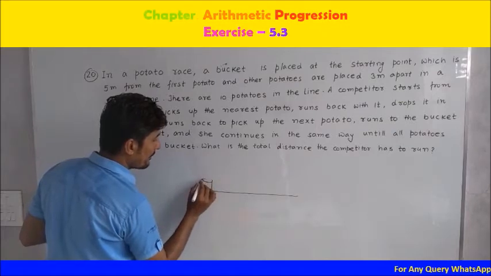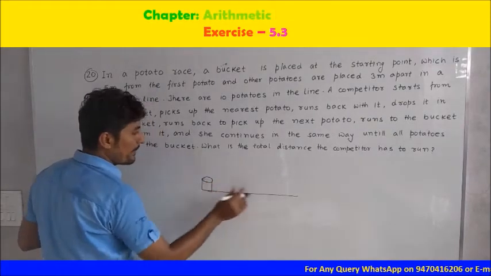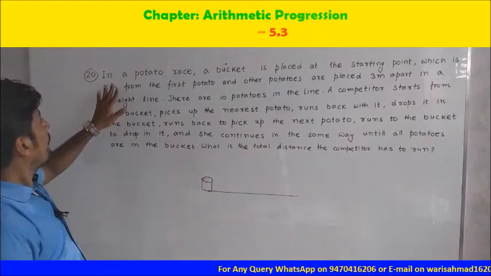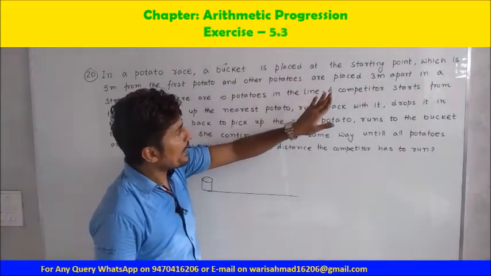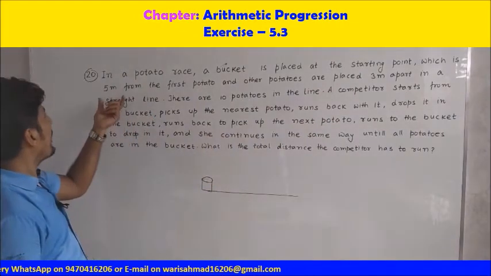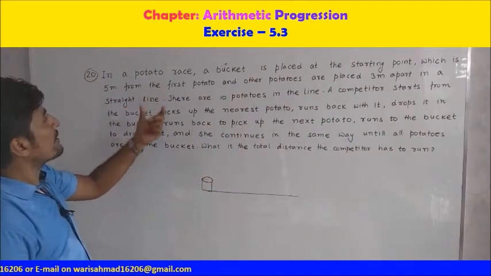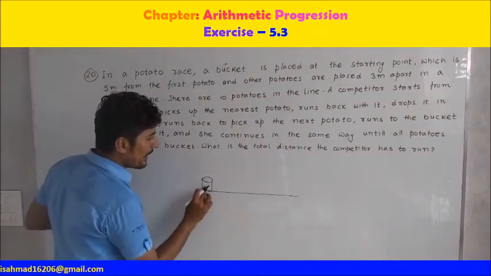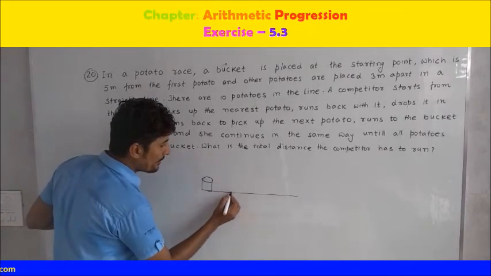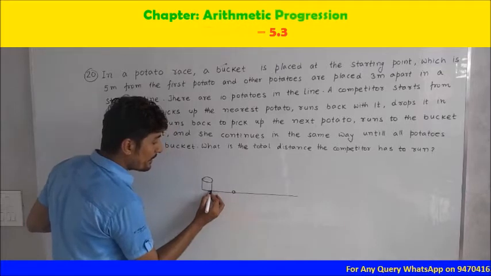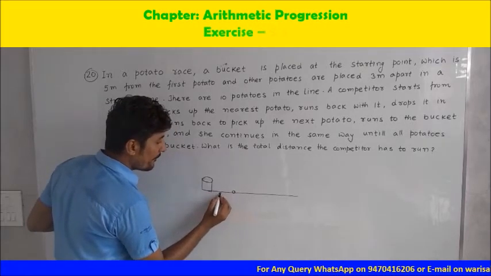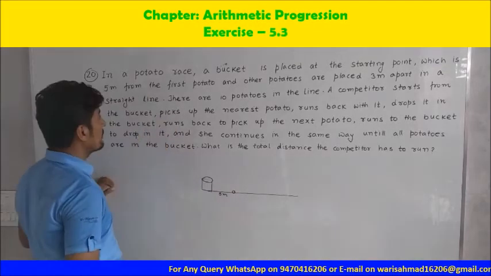Once again from the beginning: in a potato race, a bucket is placed at a starting point which is 5 meters from the first potato. Suppose the first potato is placed here and the distance from this bucket is 5 meters.